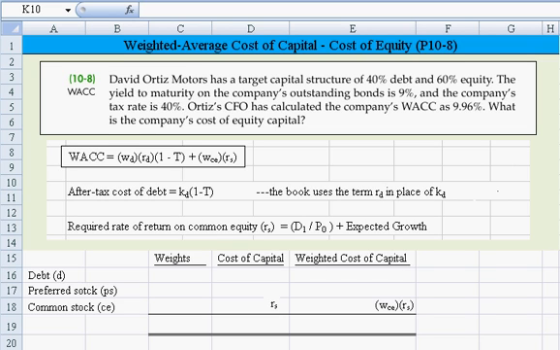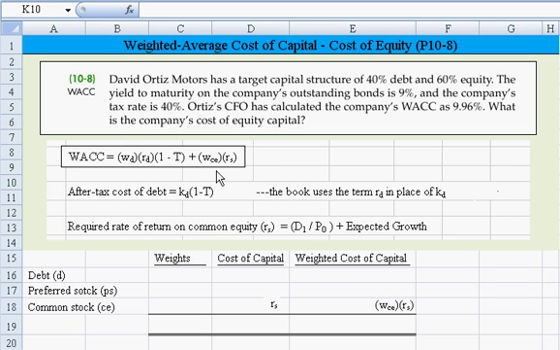Okay, and then down below in the problem, you see I've dropped in a couple formulas. Now in this case, the weighted average cost of capital can be reduced to two terms. The weighted average cost of the debt, and in the case of debt, we multiply the rate on the debt times 1 minus the tax rate, right? And the weighted average cost of common equity.